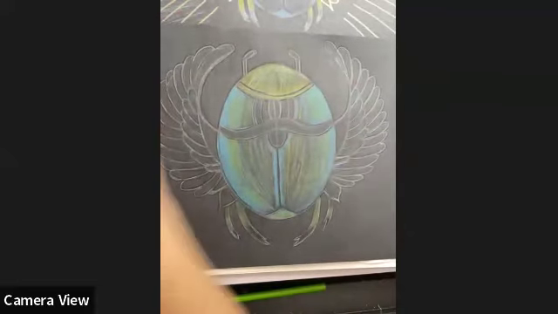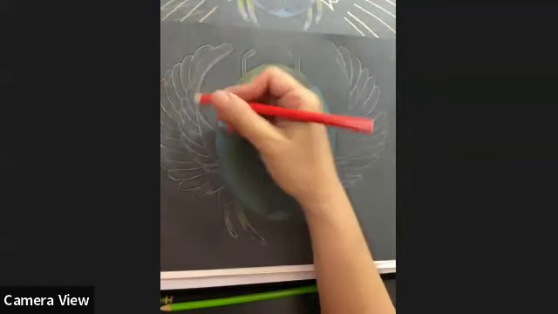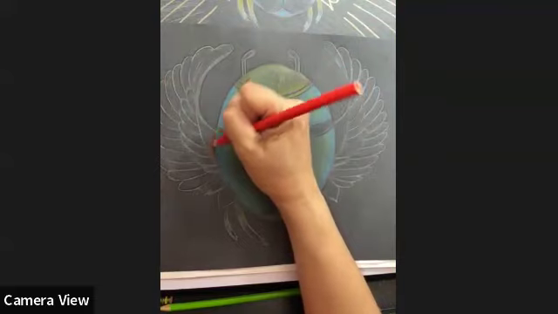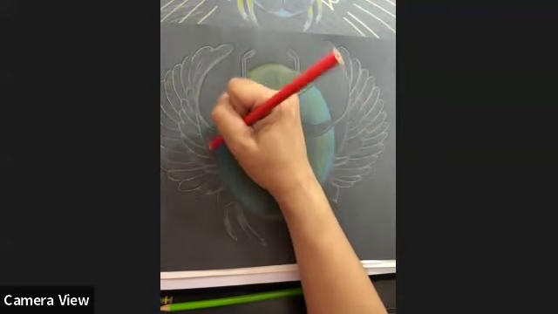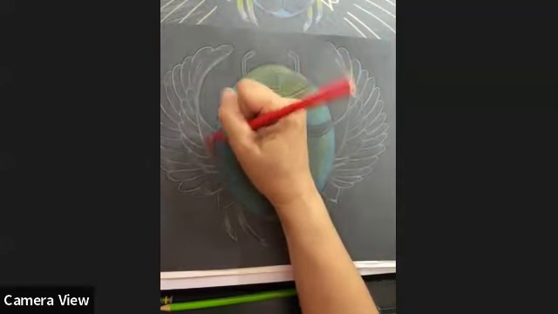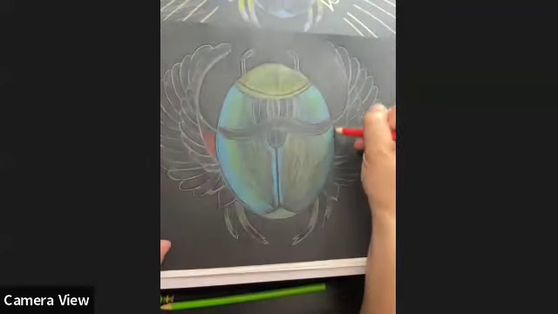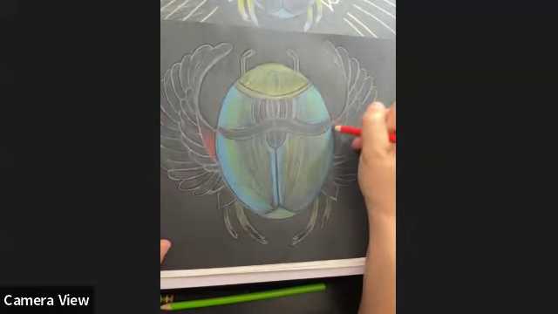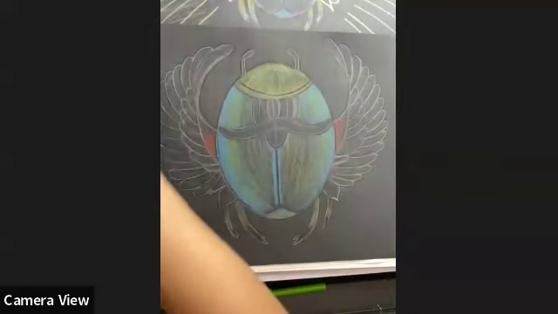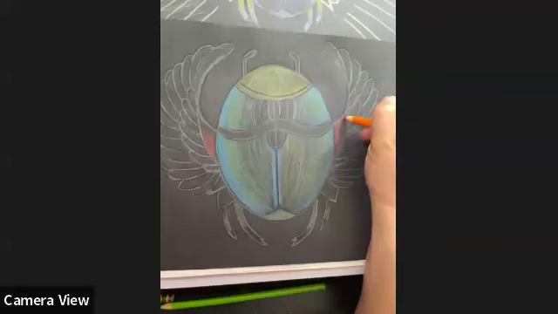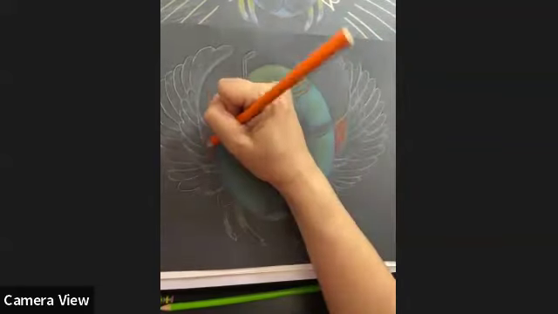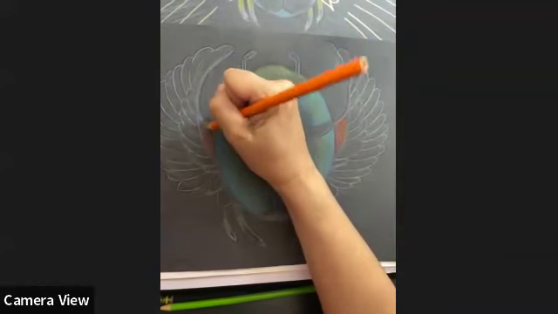I like to start off with red at the bottom part of each of the feathers. And I color in basically a little bit of the feather. And then I make a gradient and add the orange a little bit on top, but also above the red.